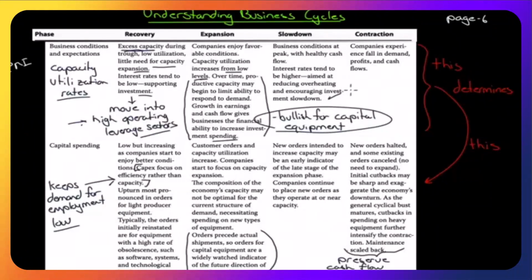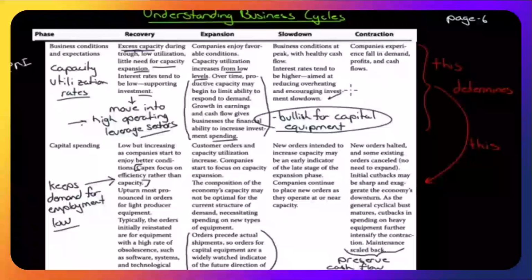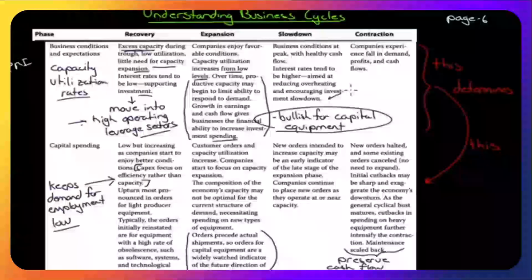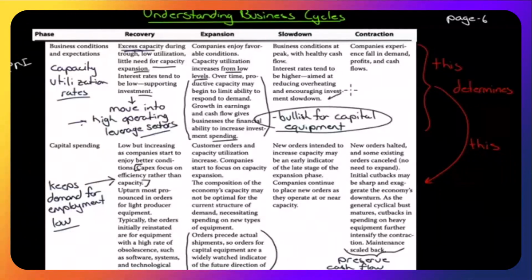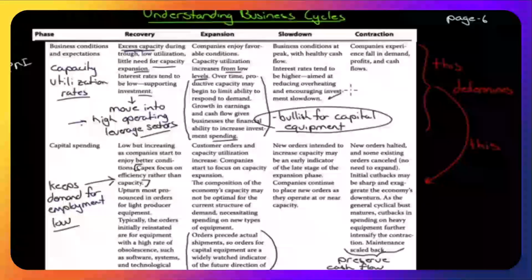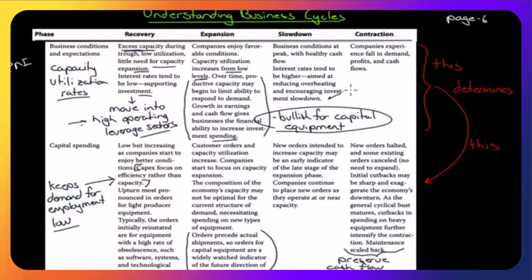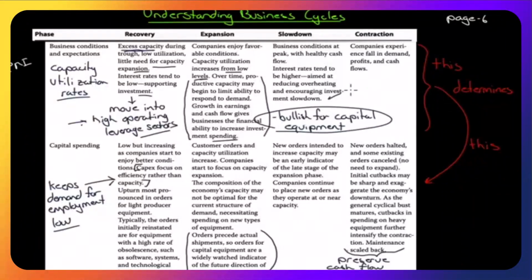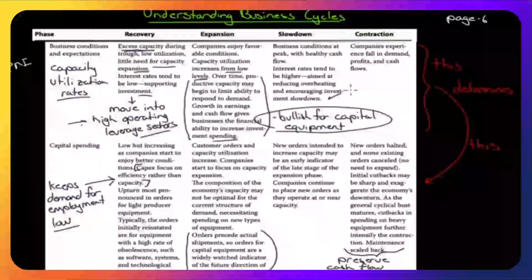And investment is not as sensitive to interest rates as we're sometimes led to believe, especially when we go through the corporate finance section. We see that if we had higher discount rates, more and more projects become net present value negative. In other words, we would not invest in them. But companies don't invest to the interest rate. They invest to demand. If demand is there, if it's robust, they will invest.